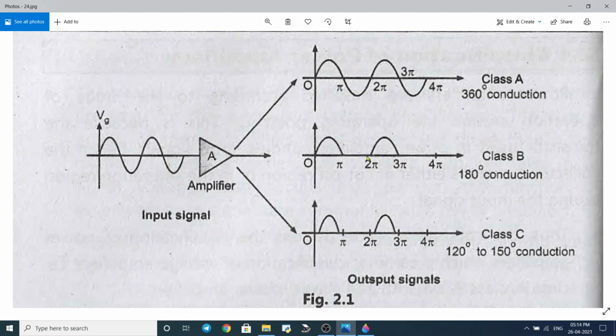The transistor remains off, that is the current through it is 0. And again for the next half cycle we have amplification. And this is class C. Class C means less than half cycle. This much part will be amplified.